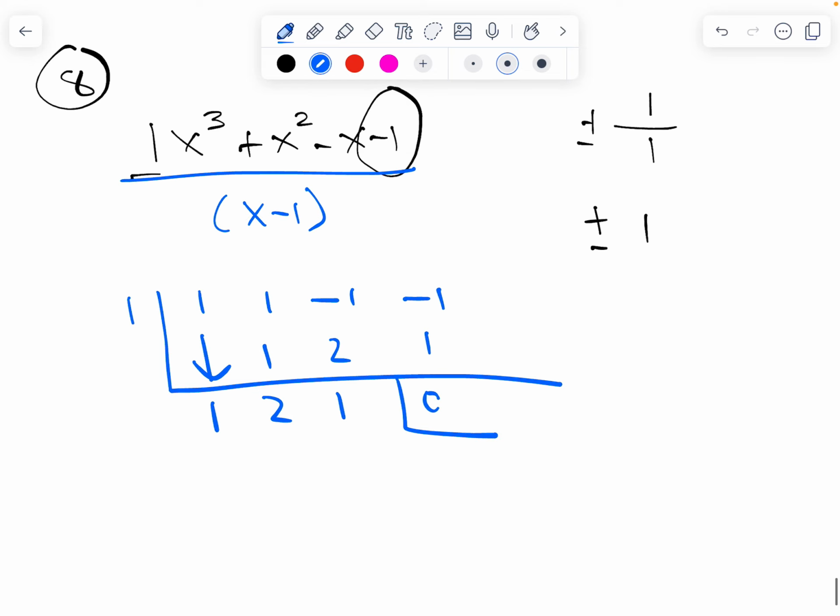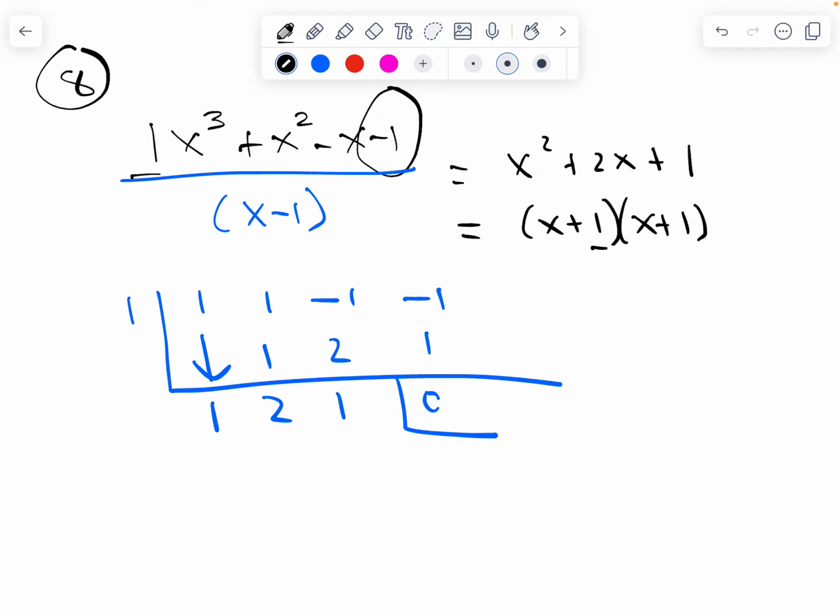And so what this means is that when I divided that polynomial by x minus 1, I ended up with this polynomial, x squared plus 2x plus 1, which I can further factor into x plus 1, x plus 1.